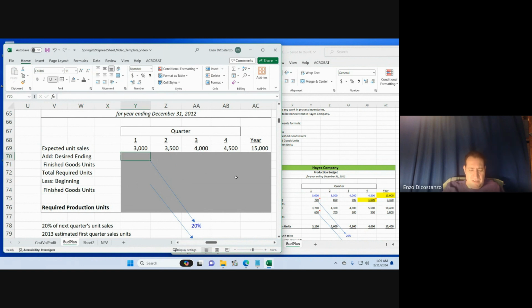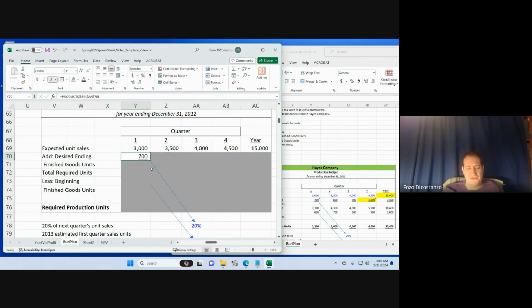So you'll say equals, because that top line you're just referring to something. It's the next quarter sales, comma, then here's your 20%. Close this, and you could click here and press F4, which will put dollar signs for the 20% you want to refer to, and also lock the row.